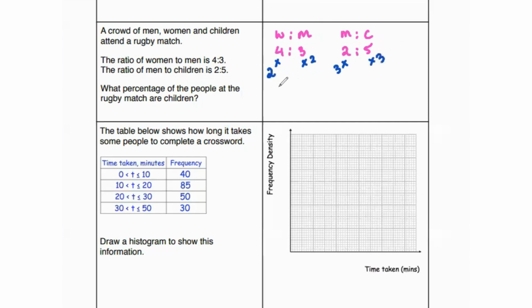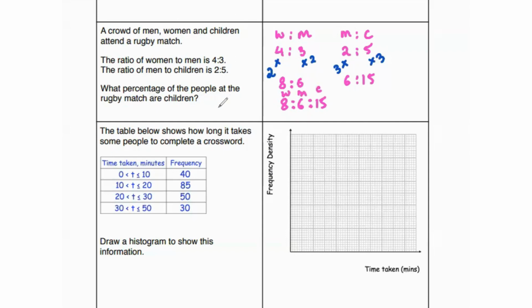So that gives us the ratios 8:6 and 6:15. Now as you can see, the number of men are equal in the ratio, which means we can combine it as 8:6:15. Now this is women, men, and children.